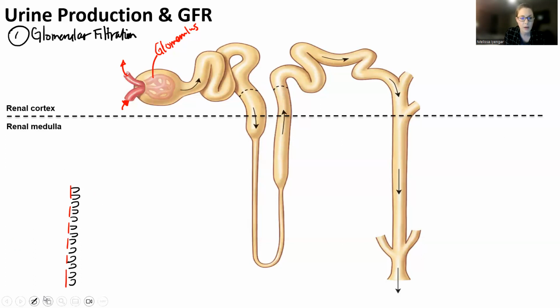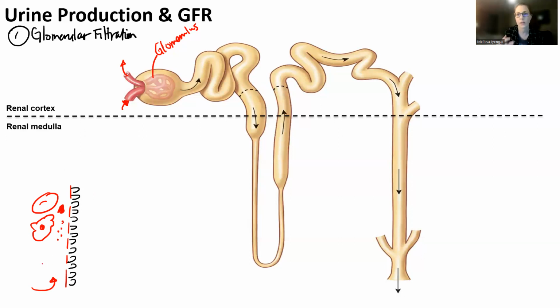So basically, as blood flows into the capillary, it's going to contain things like red blood cells. That's my white blood cell. It's going to have some smaller cells, those are my platelets. It has things like proteins, glucose, amino acids, waste products, water, all of those things.